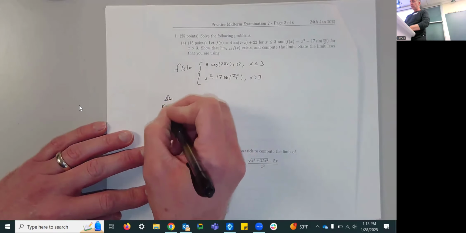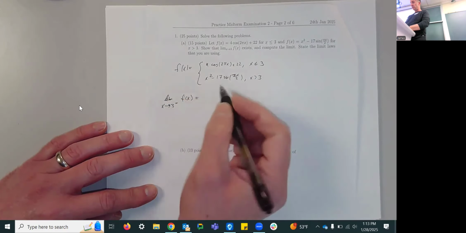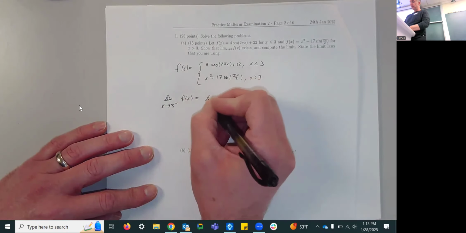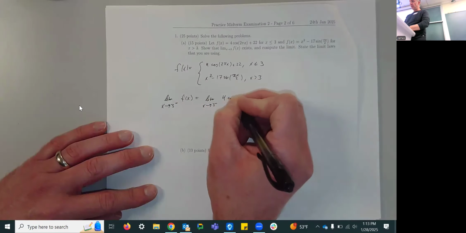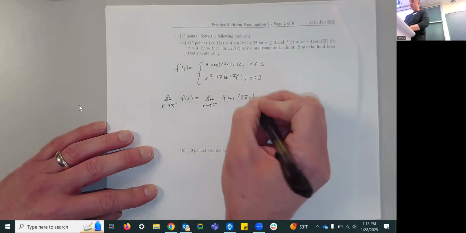So the limit as x approaches 3 from the left of f of x. We have to use the left piece, which is the limit as x approaches 3 of 4 cosine of 2 pi x plus 22.